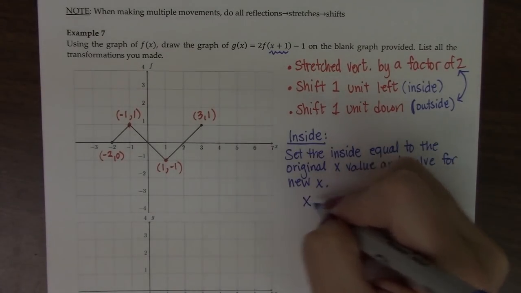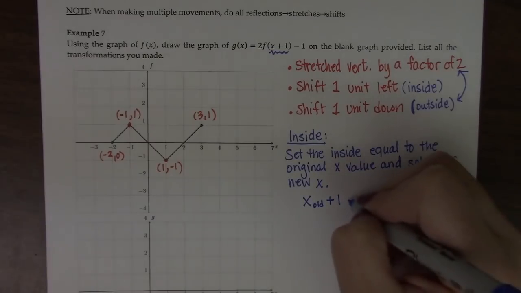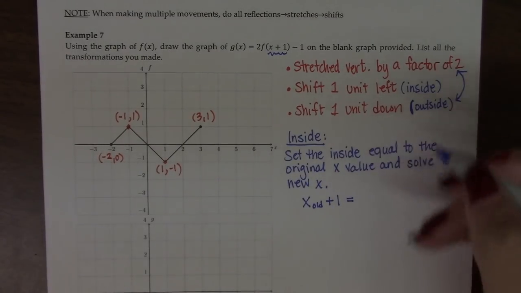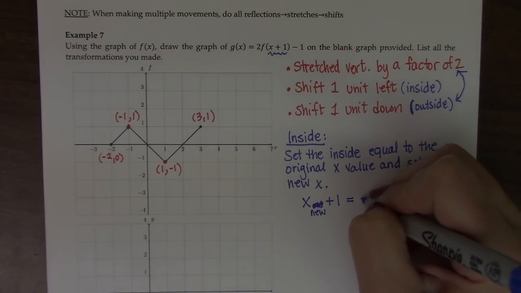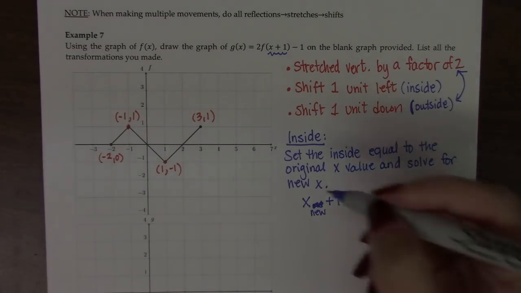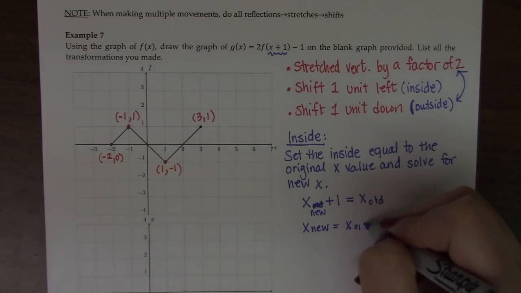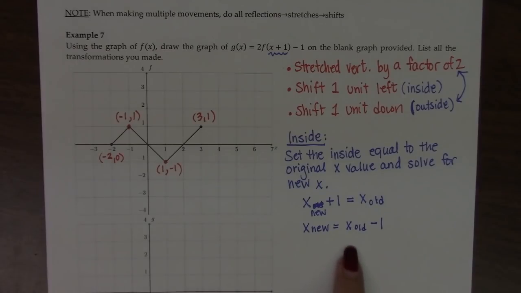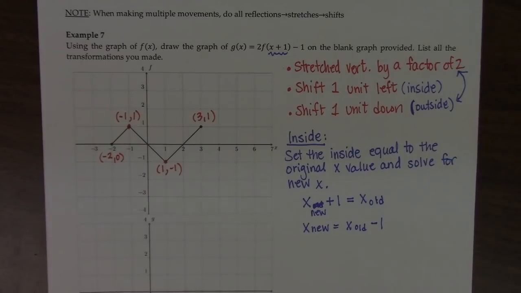So if I take x, the old original x values, +1, there's my expression, and, oops, sorry, this should be new x, set it equal to the old x value, and now solve for x. I'm going to get that the new x's should just be the old x's minus 1. So now the shift left should make sense, right? Because we're going to take all of the original x values and subtract 1 from them, and that will move the graph to the left 1 unit.